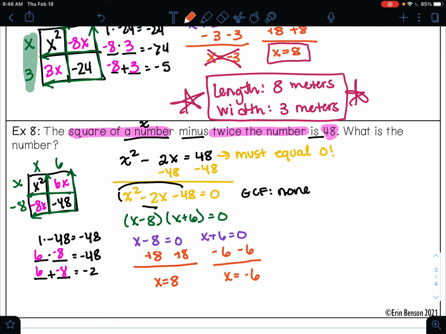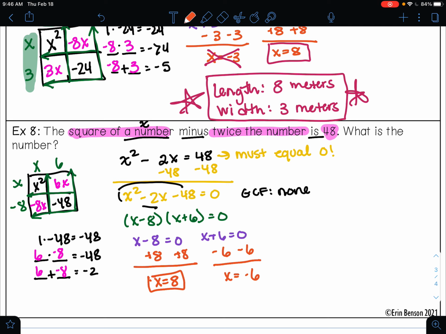Well, let's check to see if both of these numbers work. The square of 8 is 64. Minus 2 times 8 is 16. 64 minus 16 is 48. x equals 8 works. Let's try negative 6.